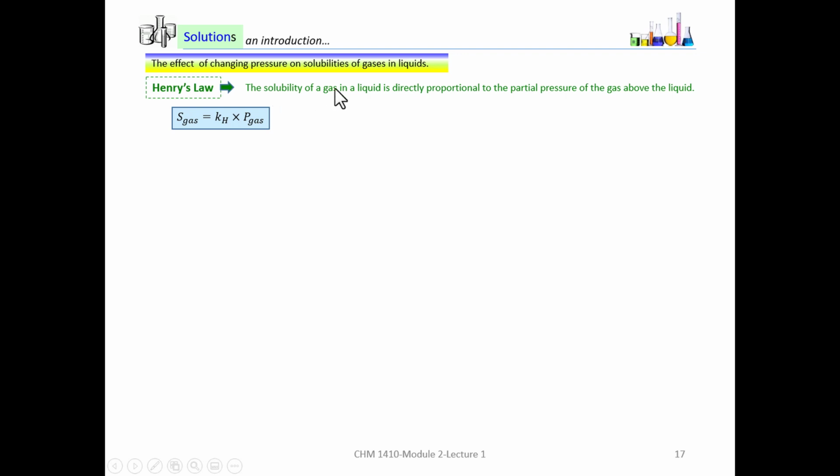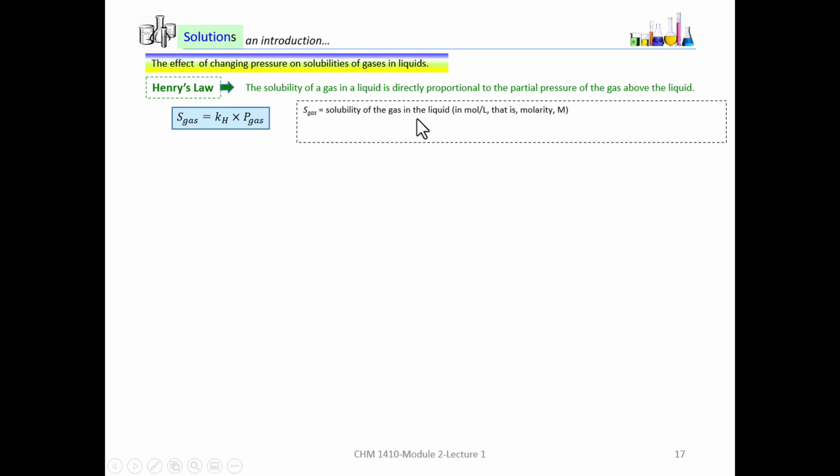The solubility of a gas in a liquid is directly proportional to the partial pressure of the gas above that liquid. So we have an equation, capital S subscript gas, that's the solubility of the gas in the liquid. This would be in units of moles per liter, that is molarity.